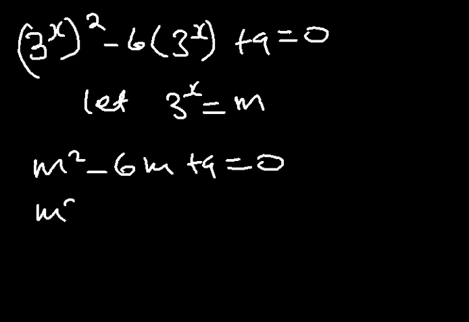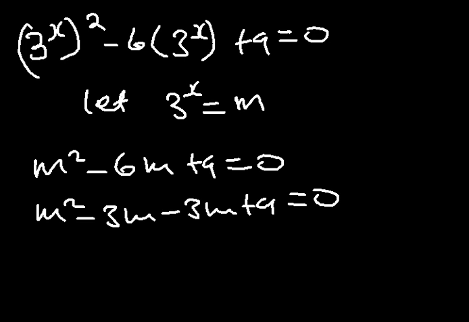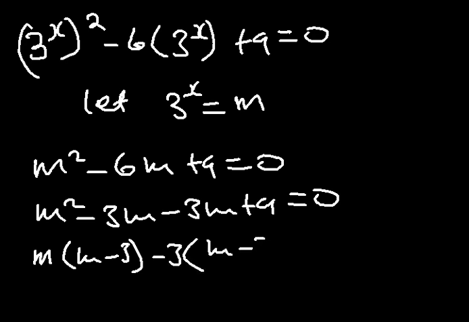So we have m squared minus 3m, and also minus 3m, plus 9, which is equal to 0. So we have (m minus 3)(m minus 3) equal to 0.